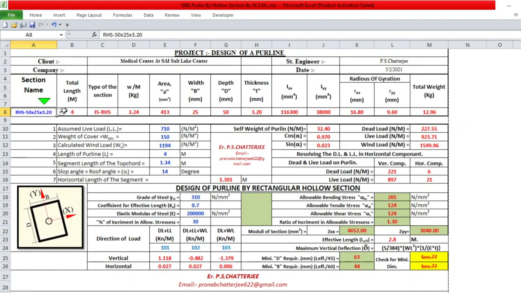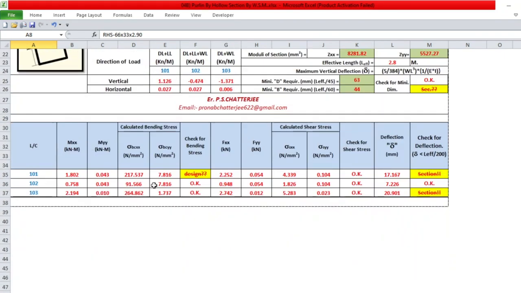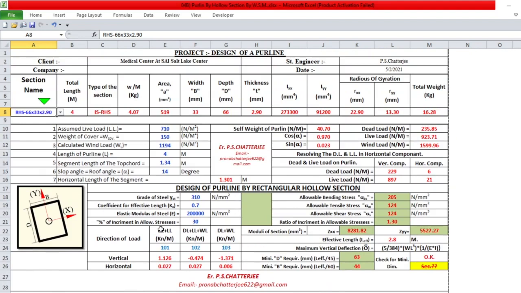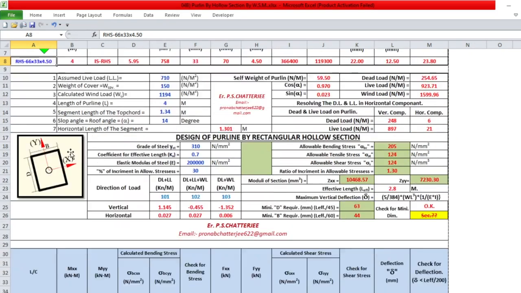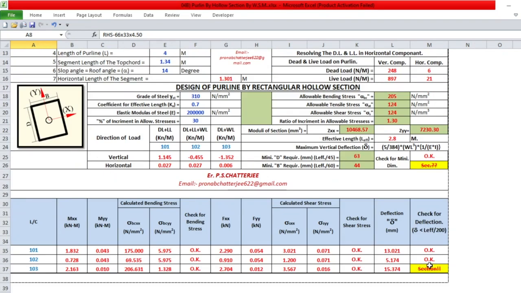Now I'm going for deflection criteria, not satisfying here. Minimum section profile is not satisfying. Even bending stress is not satisfying here. So we have to increase the section. Deflection criteria is not satisfying.